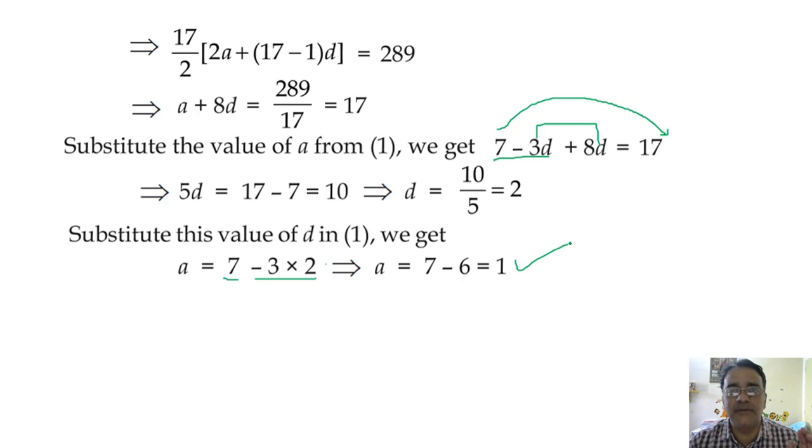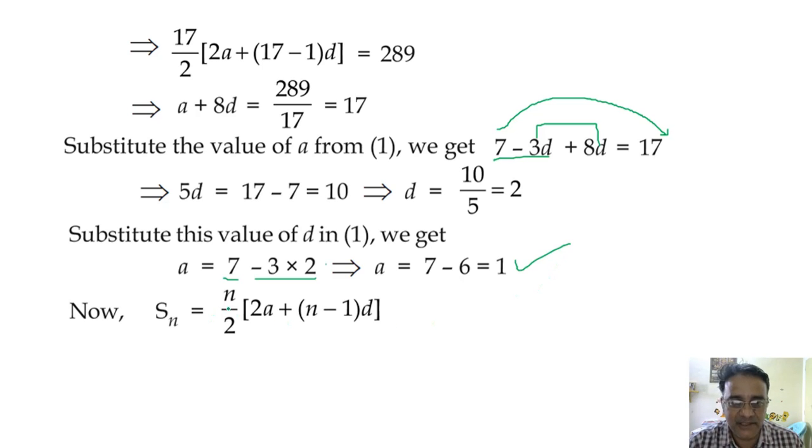Now we have to find the sum of n terms. So the formula is n by 2, 2a plus n minus 1 into d. So we'll substitute the value of a and d. So 2 into 1 plus n minus 1 into 2. So ये 2 मिलेगा यहाँ पर और यहाँ पे मिलेगा 2n minus 2.